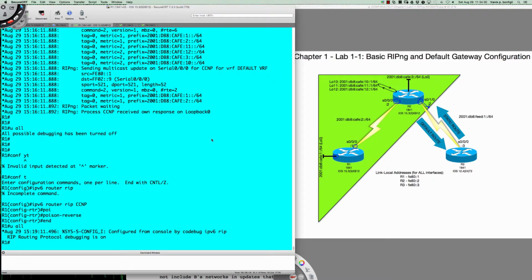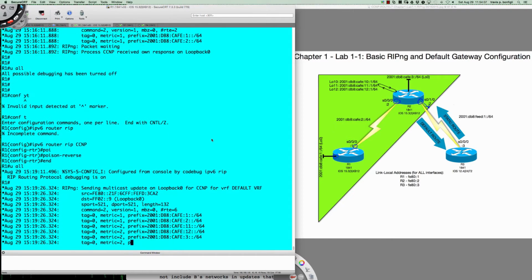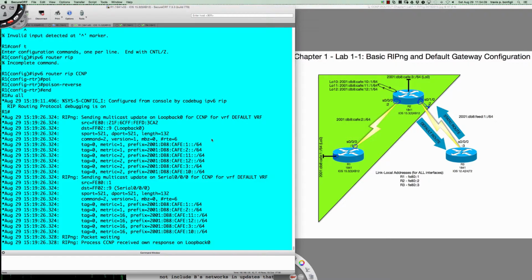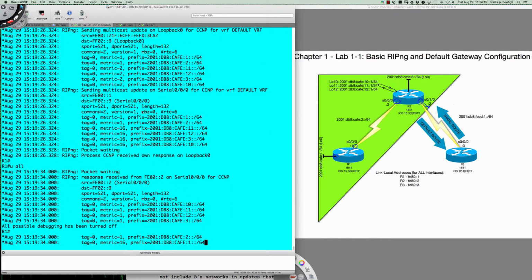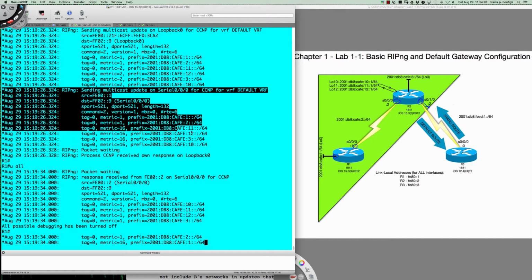So now we have poison reverse on both sides. And we should see here shortly, and there we go. We've got updates going out. In fact, let me go ahead and stop it right there because that's actually the output that we're looking for. I'll highlight what we're very interested in.